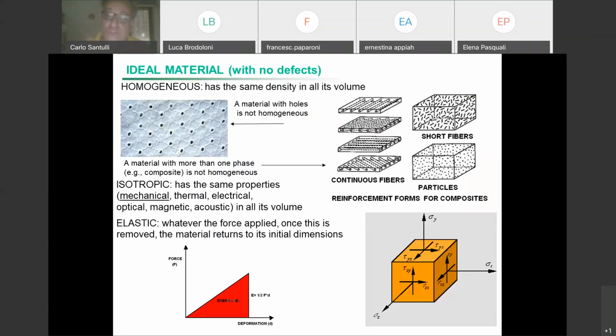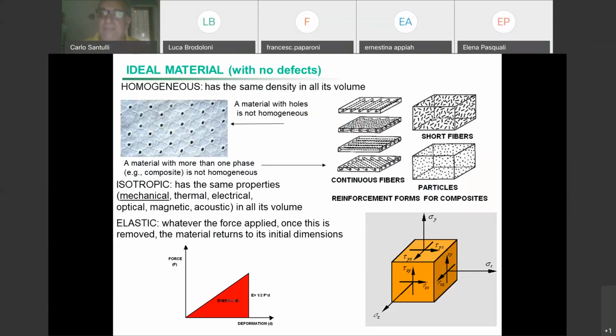Anyway, the other two characteristics are that the ideal material would need to be homogeneous. Homogeneous means the same density in all its volume. So we may make some assumption. A composite material cannot be homogeneous because it has got a matrix with its own density.